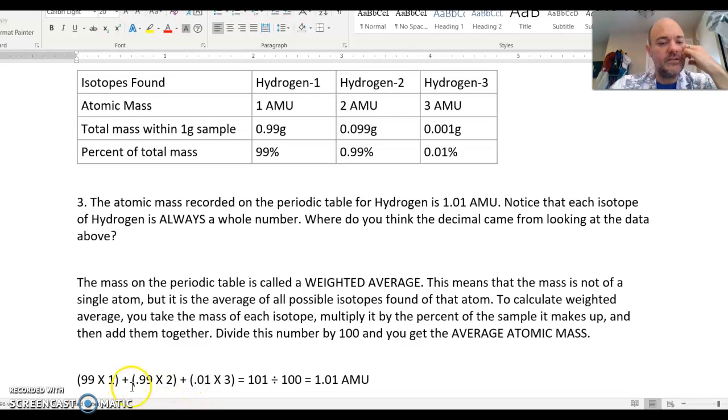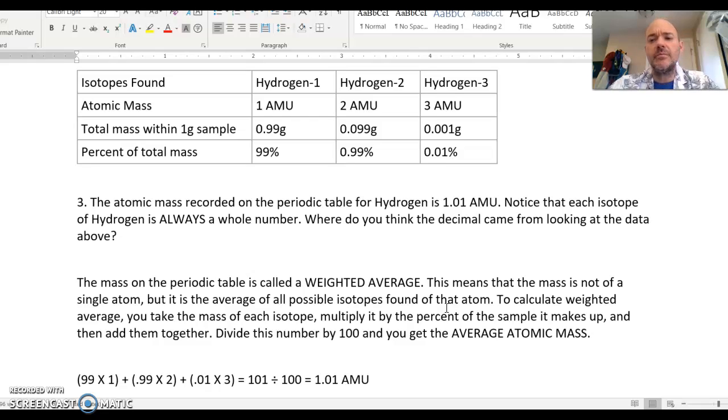When we multiply those all out and add them together, we get 101. And we divide the 101 by 100, and we get an average mass of 1.01. So this is the weighted average. This is the average atomic mass of hydrogen.